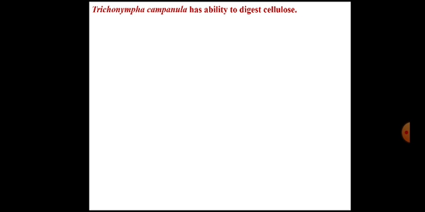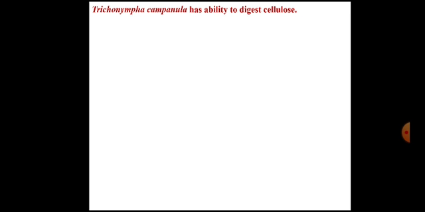So mutualistic association is seen in case of a protozoan called Trichonympha campanula and the termite gut. This Trichonympha campanula is associated with the gut of termites in a mutualistic association.